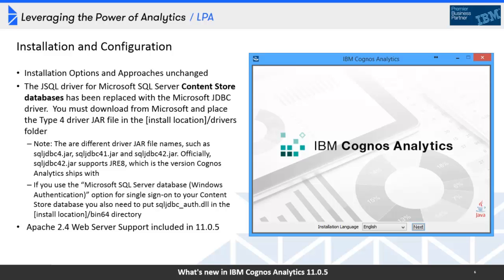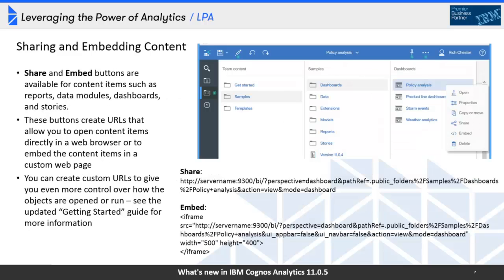I'm just giving you perhaps too many details about this change, just because it is not something that as a SQL Server content store user you might think about having changed, right? So now you know. Also, Apache 2.4 web server is supported beginning with R5. So like I said, not a lot of changes, but just a couple of important ones there.